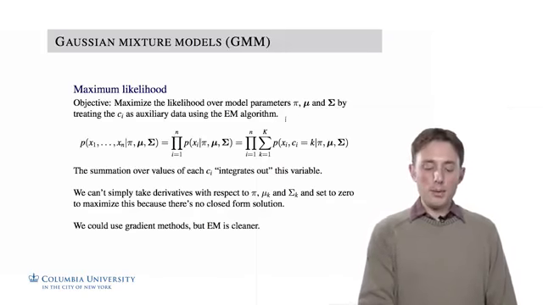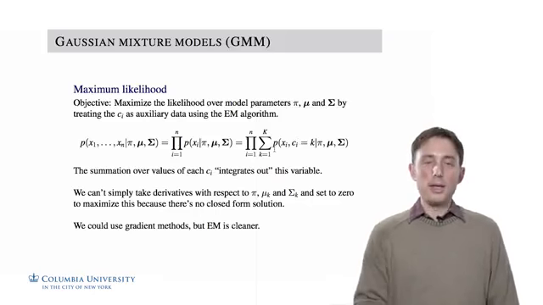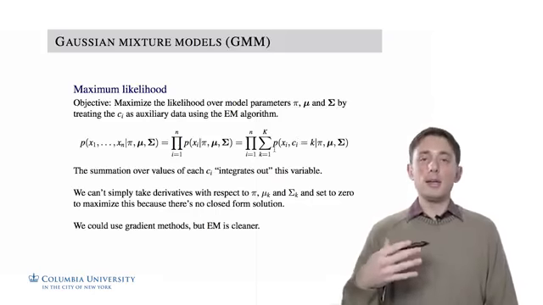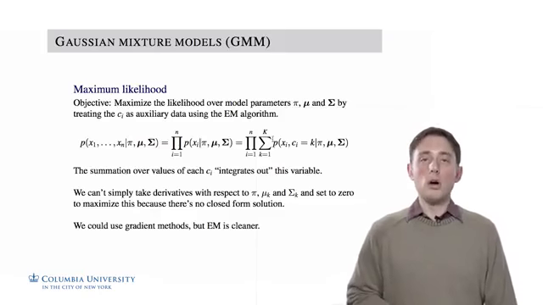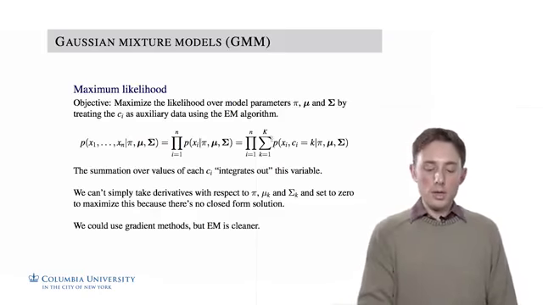So Ci can be brought back into the model this way, where we have the joint likelihood of the ith observation and the cluster assignment, which cluster the ith observation came from. But now we integrate, or in this case, because Ci can only take a discrete and finite number of values, we sum over all those possible values to integrate them out.